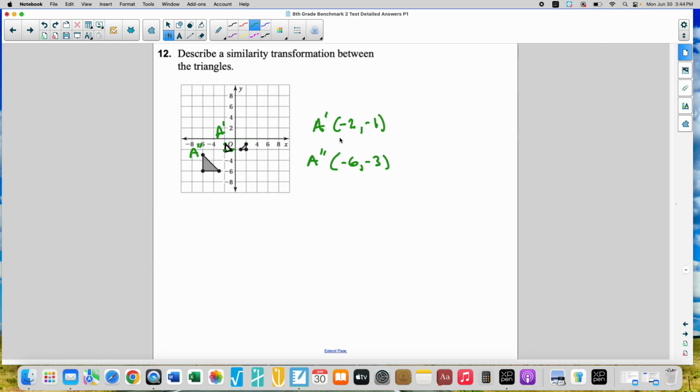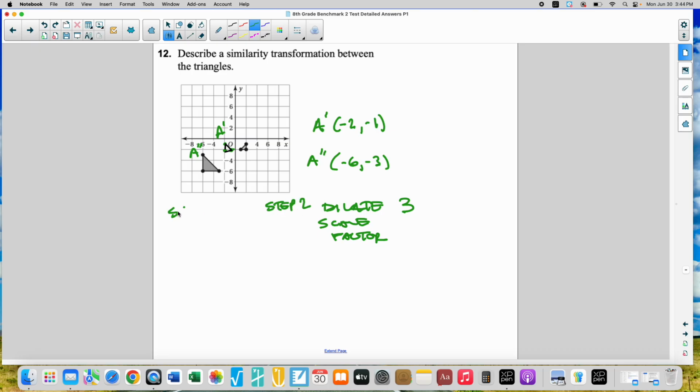Okay, so what type of dilation would that be? That would be a dilate 3, right? We would dilate it with scale factor 3. I think we call it scale factor. That would be step 2.